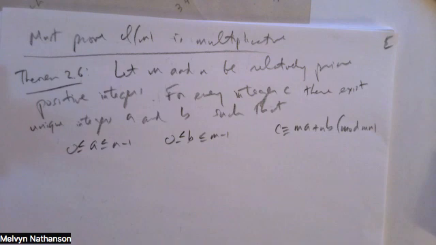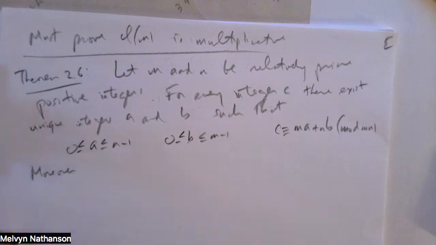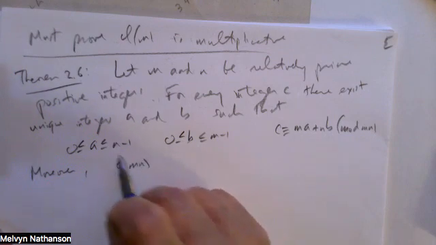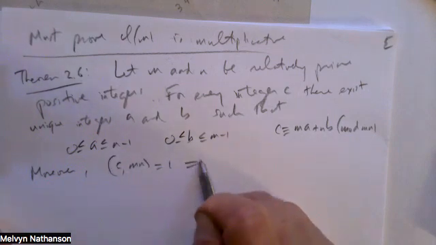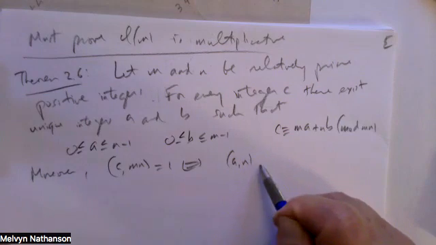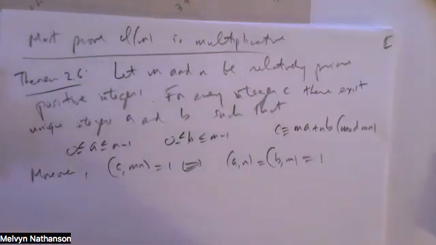Moreover, c is relatively prime to mn if and only if, in this representation, a is relatively prime to n, and b is relatively prime to m.